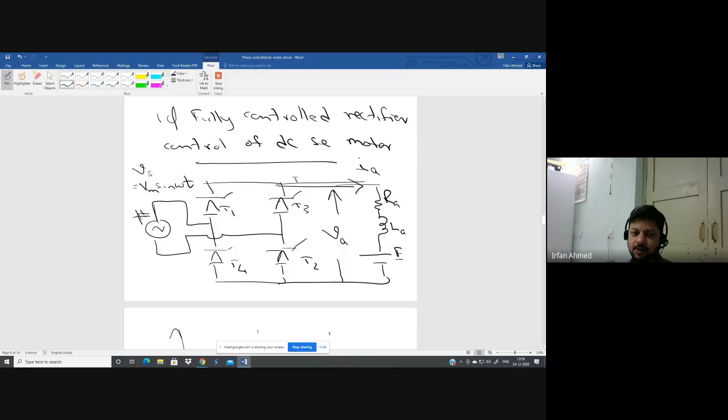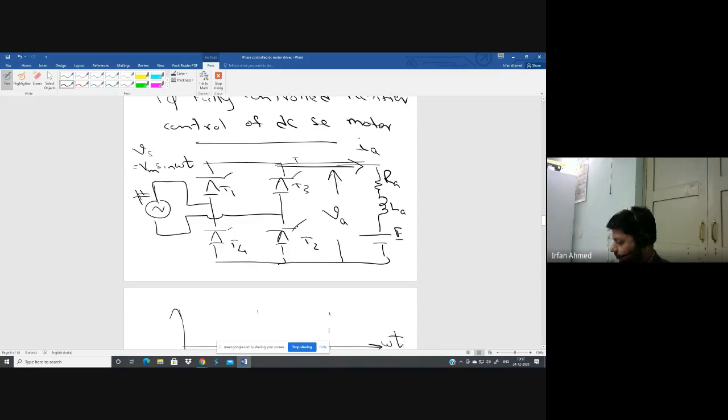Because we are not considering any source inductance, all four devices will not be on together at the same time. Either you can have T1, T2 on, or T3, T4 on, or all four are off.